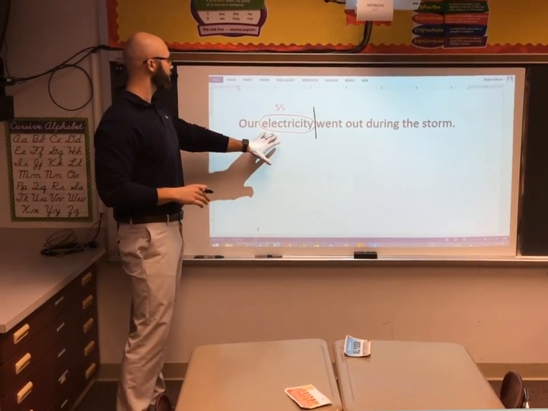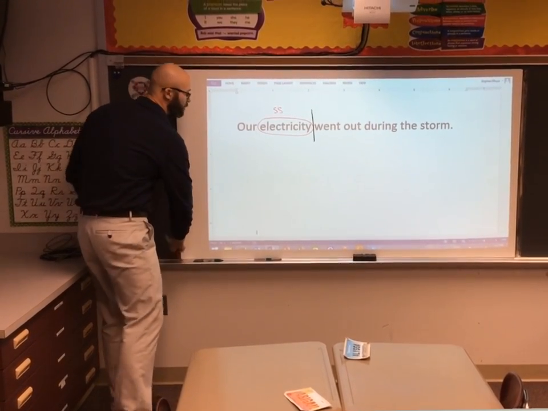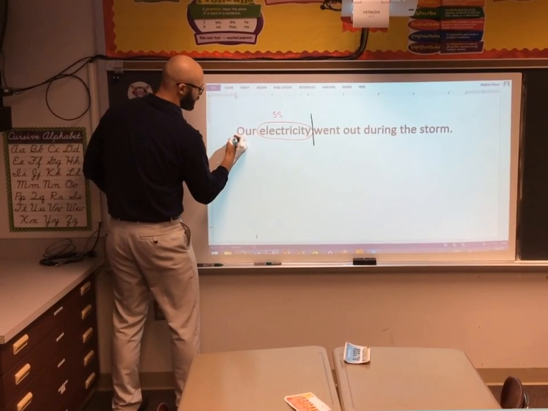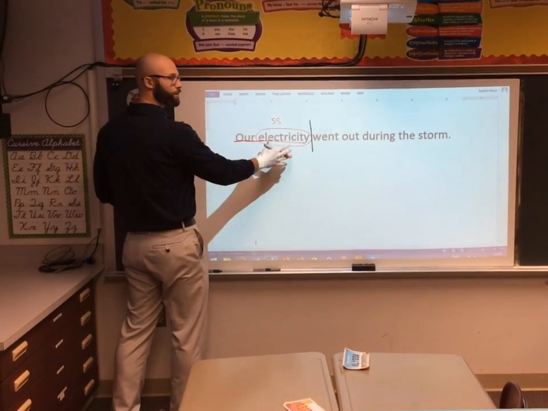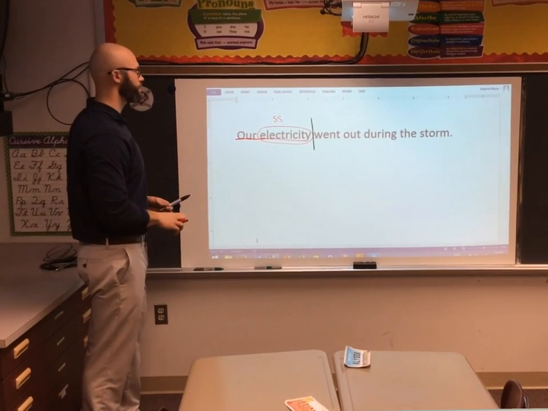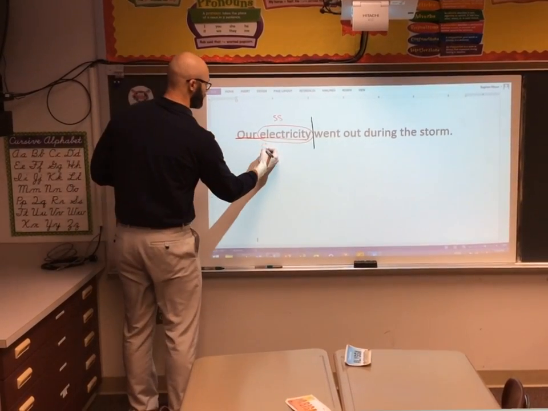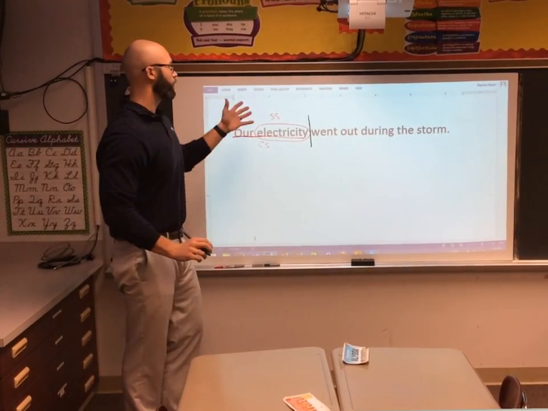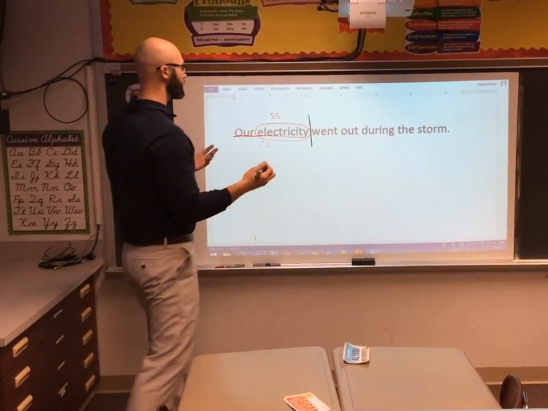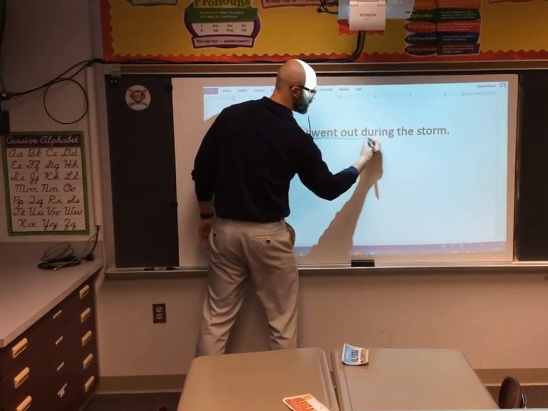So if I have this as our simple subject, in order to make that a complete subject, I'm going to underline that. We just have to include our electricity. So now we're talking about, not only is it electricity, but it's our electricity. So that is the complete subject. On the far side of this, now we're left with what is the complete predicate. And very simply, that's everything that's left.